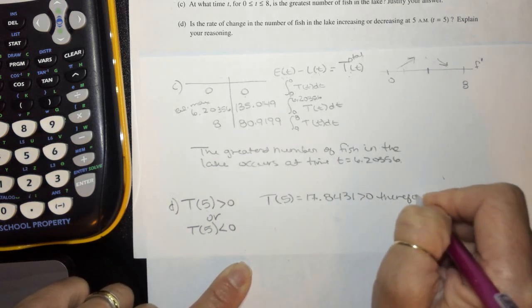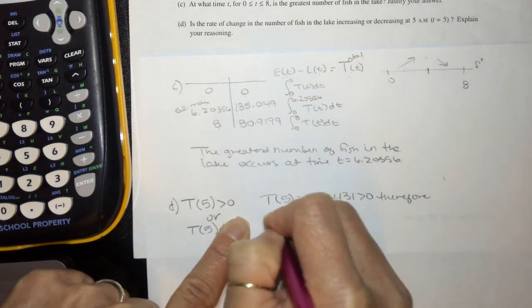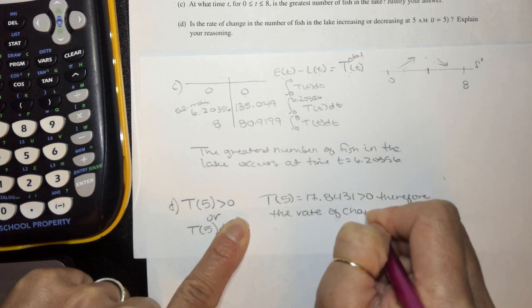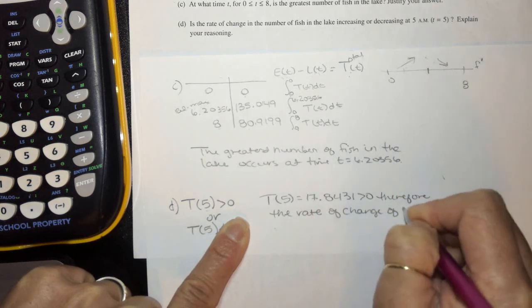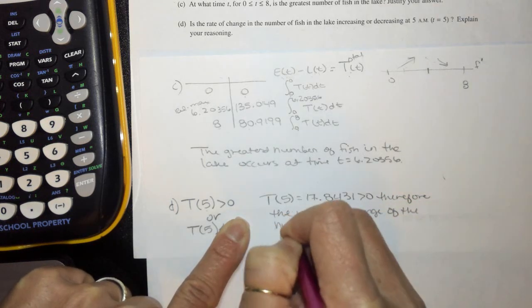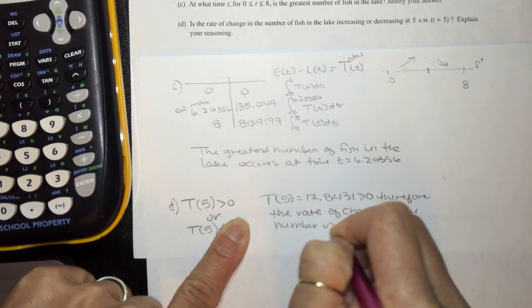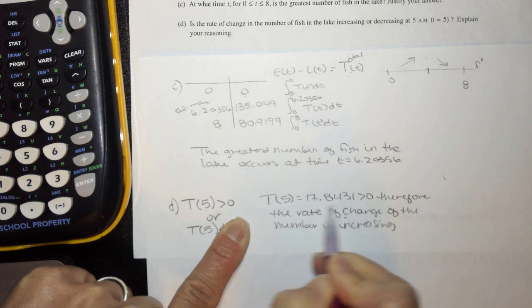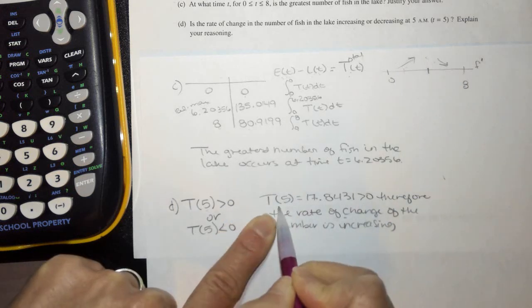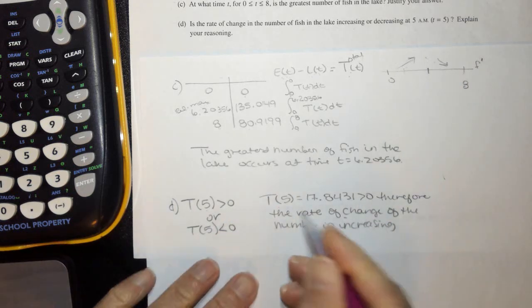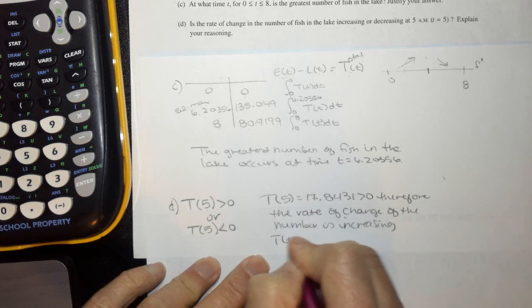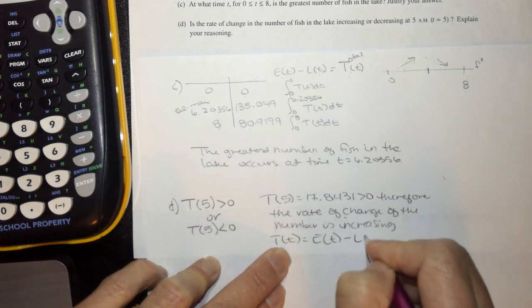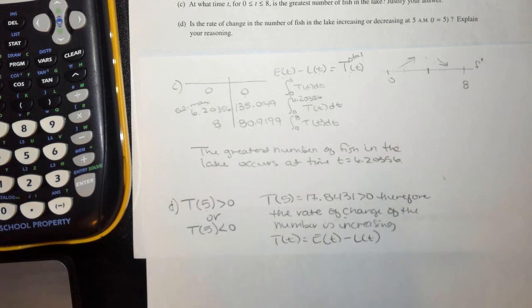Therefore, the rate of change of the number of fish is increasing. This is the explanation for my answer. Okay, and you could also say that t of t is equal to the number of fish entering minus the number of fish leaving. This might actually help your explanation.